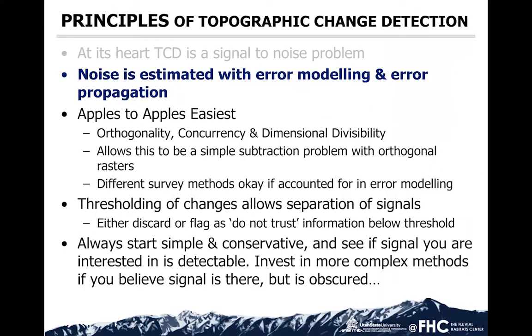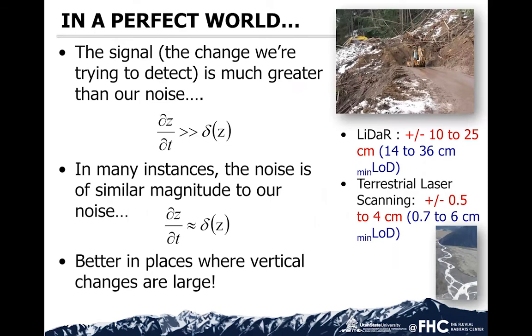The way we deal with change detection is that we typically estimate with error modeling and error propagation. As I said, in a perfect world, the topographic change signal that we're looking at would be much, much greater than the uncertainty in our elevation. Landslides are a nice example, big volcanic eruptions, big geomorphic processes.